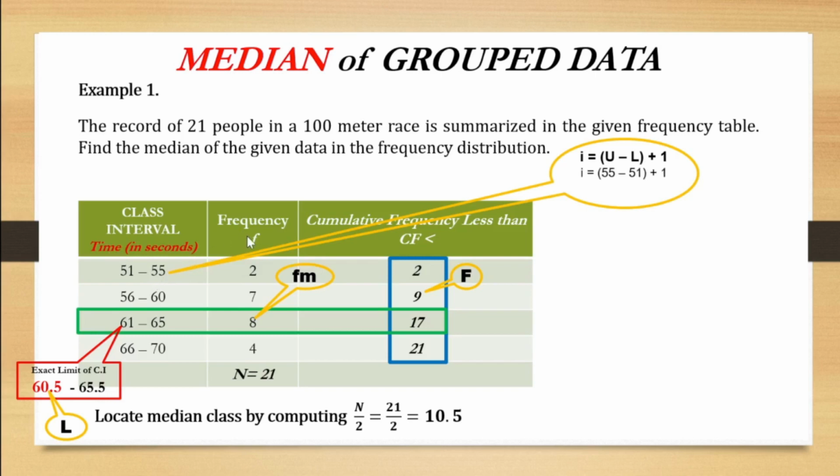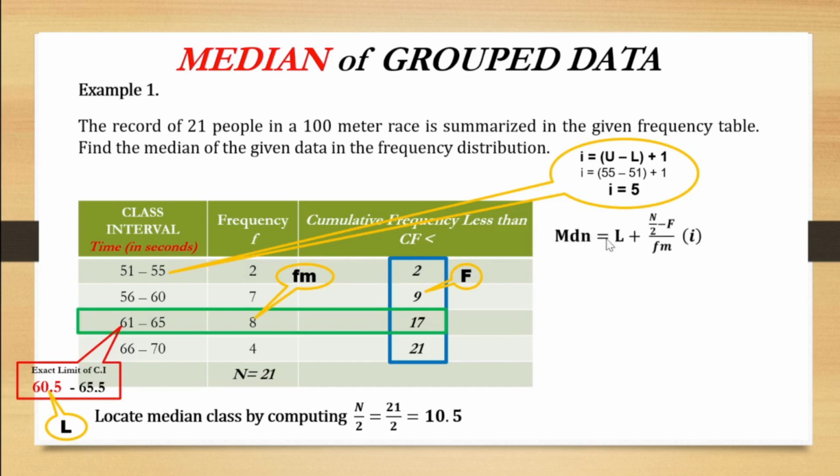Substituting into the formula, I is equal to 55 minus 51 plus 1, so our I, or the class size interval, is equal to 5. Since we now have our L, Fm, uppercase F, and I, we can now compute our median.